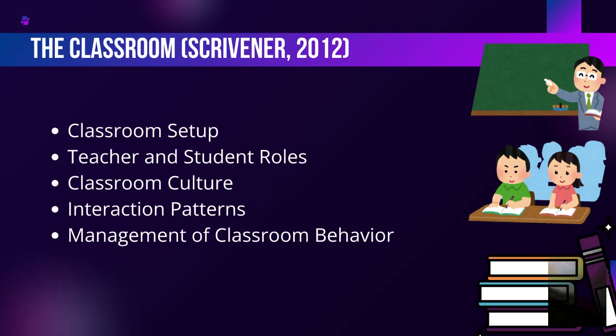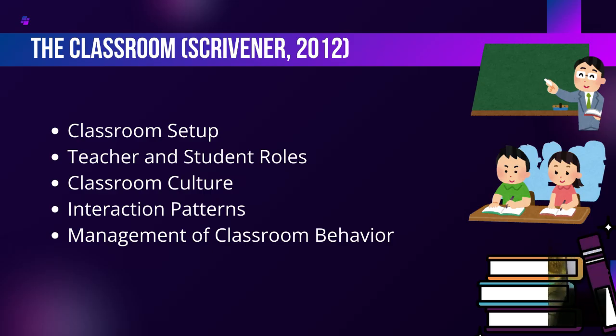First, let us talk about the classroom setup. So basically, this is the arrangement of the classroom itself. It includes the use of space and the access to resources, which are very important parts of the classroom environment. So Scrivener discusses how different configurations such as sitting in rows, groups, or circles can promote or hinder interaction and communication.